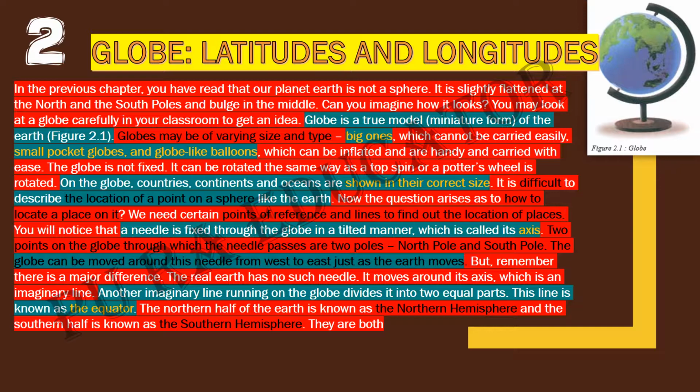Now the question arises whether globes are present in different shapes and sizes. Yes friends, globes are present in various sizes and types. Some globes are very big, some are very small. Such a small size it has that it can be kept in your own pocket.